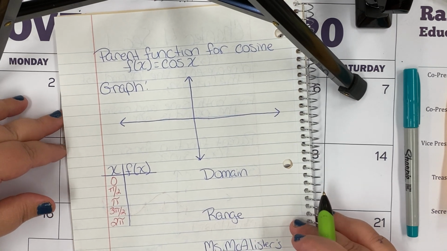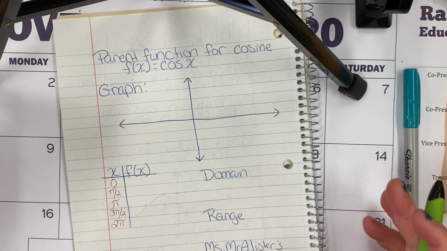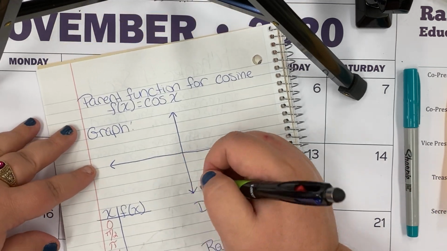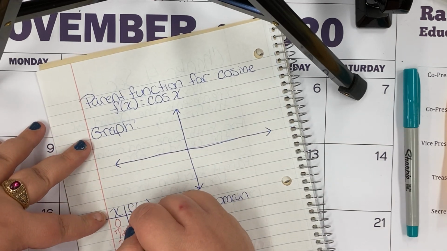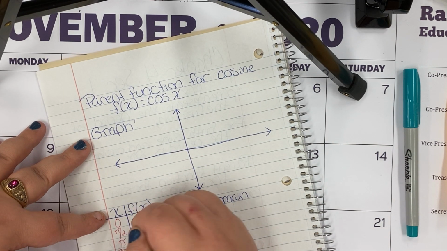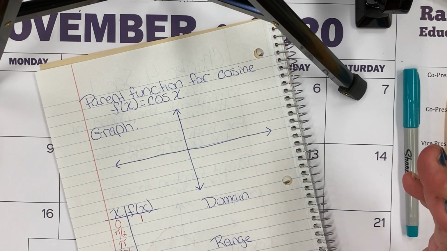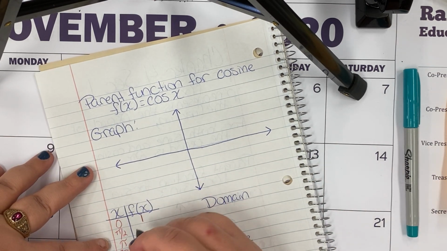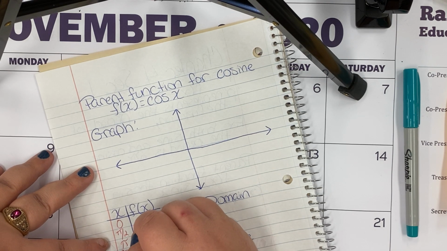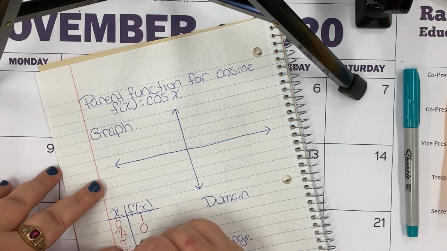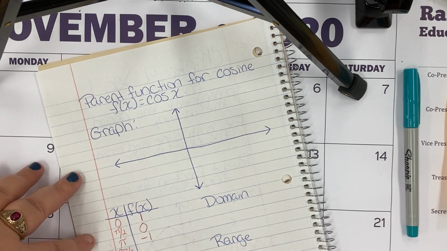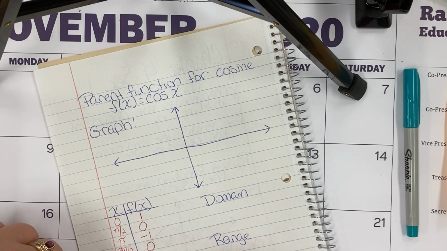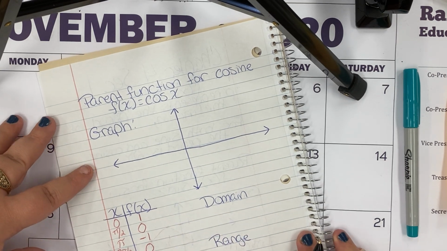When you're at 0, you're going to be looking at that x value in those parentheses. So when I'm at 0, I'm technically at 1, because remember the radius of the unit circle is 1. So when I go up to 90 degrees, or pi over 2, my x value is 0. Then when I'm at pi, I'm at negative 1. 3 pi over 2, I'm back at 0. And 2 pi, I'm back at 1.